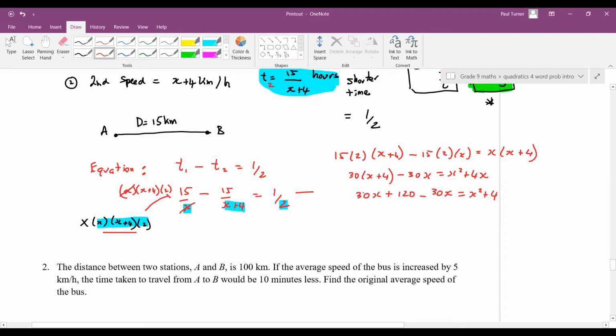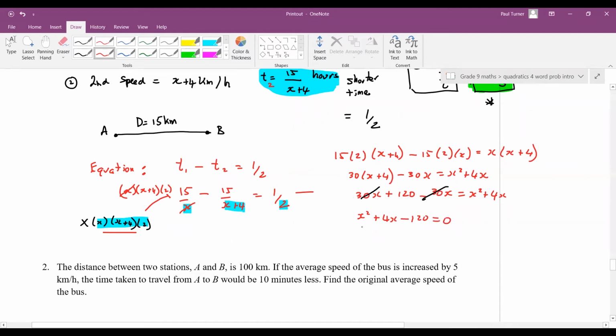Okay, so your 30x and your minus 30x will cancel out. So we'll be left with x squared plus 4x minus 120 equals 0.